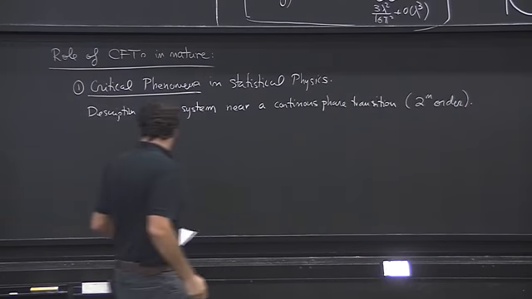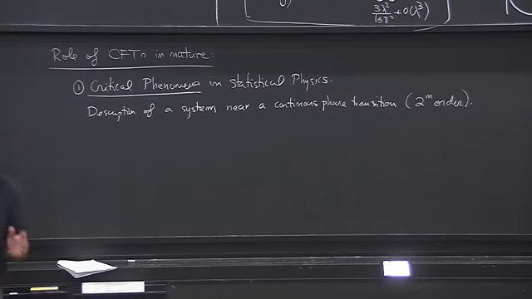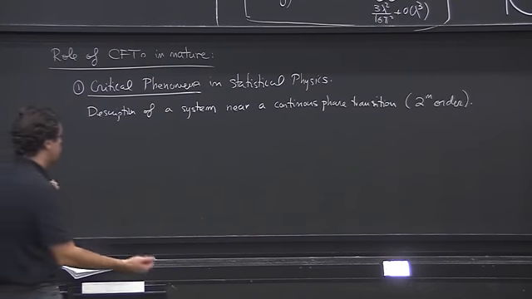That has the property that usually a physical system has some correlation length that tells you the length scale over which the basic degrees of freedom are correlated.